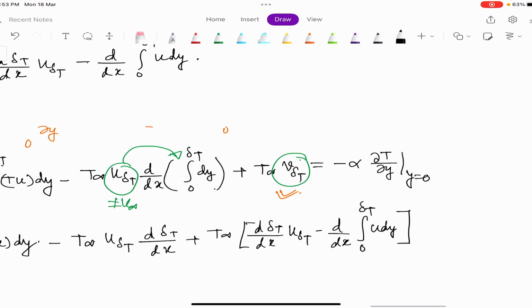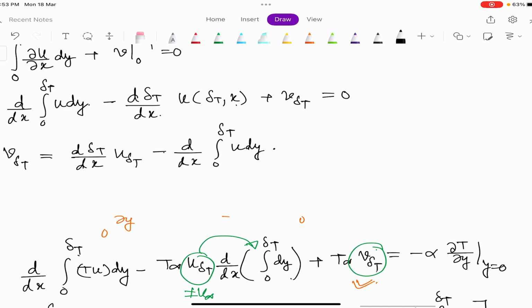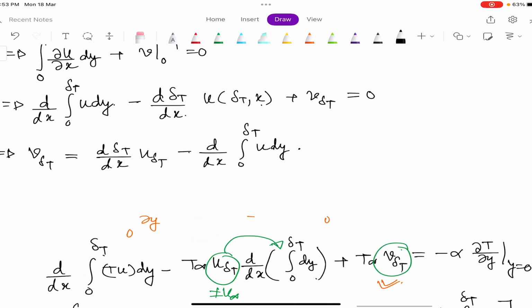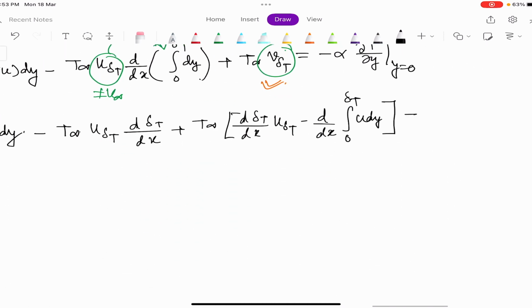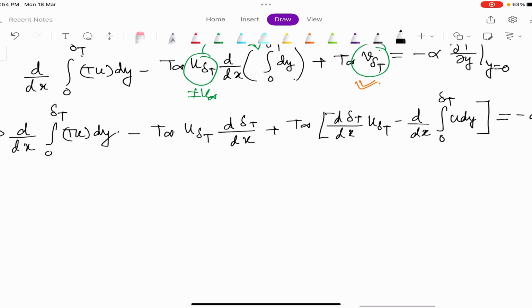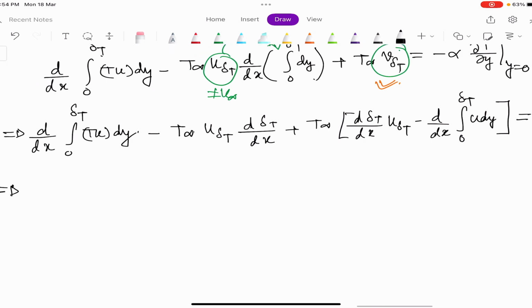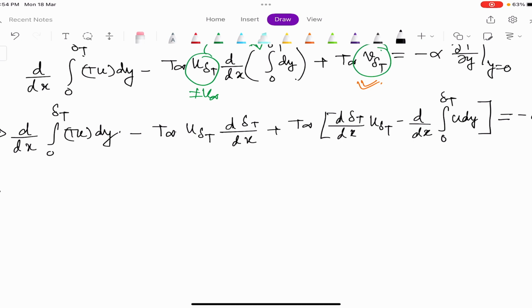Let me just check the calculations once more. I think I have done something wrong. No, it is correct. So this will be equal to minus alpha del T del y at y equal to 0, correct? Now if I simplify further, see that this term and this term are being cancelled out.